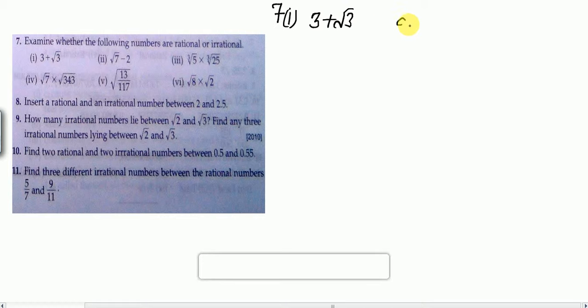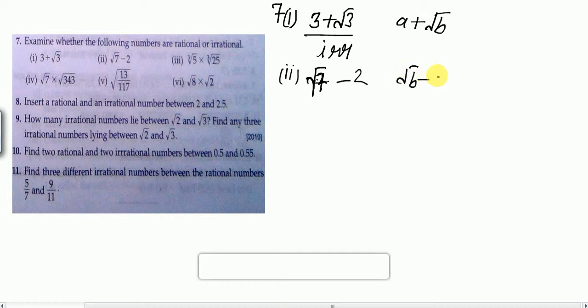It is of the form a plus under root b, so this is irrational. Next is under root 7 minus 2. This is in the form under root b minus a, so this is also irrational.